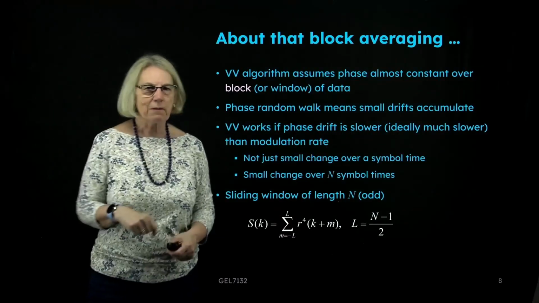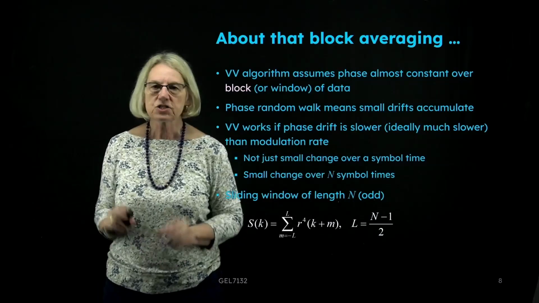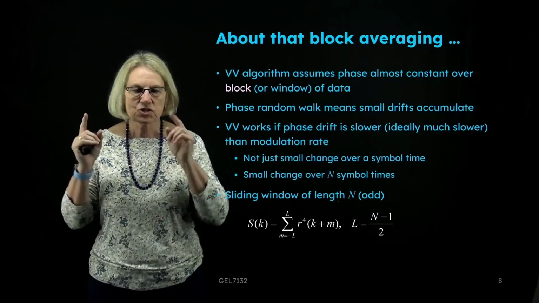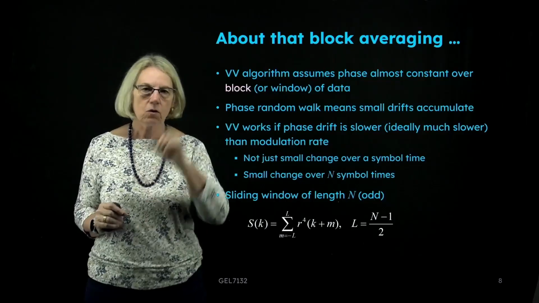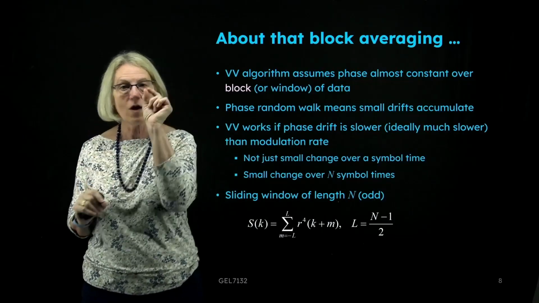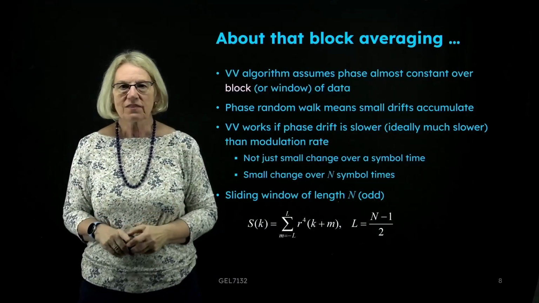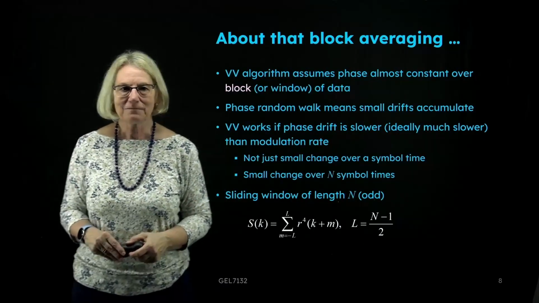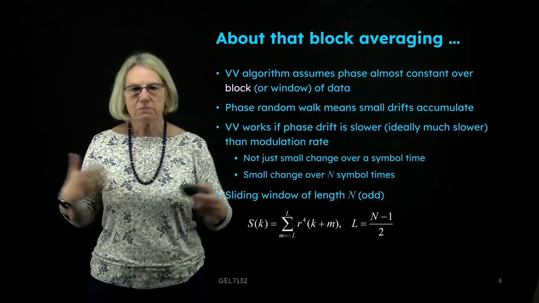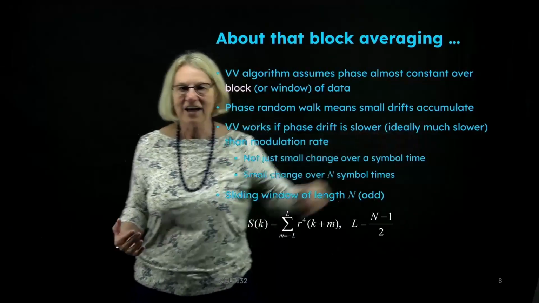So I said something about block averaging. What does that mean? The Viterbi-Viterbi algorithm assumes that the phase is mostly constant in a certain block. The whole purpose of this is to find one value for the phase during this block. So what is a random walk? A random walk means there are many small drifts that can accumulate, and it can accumulate a lot.